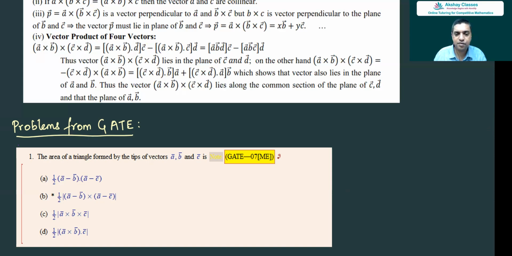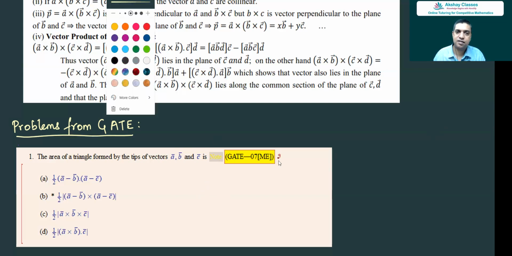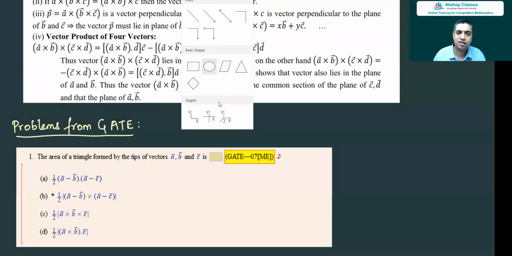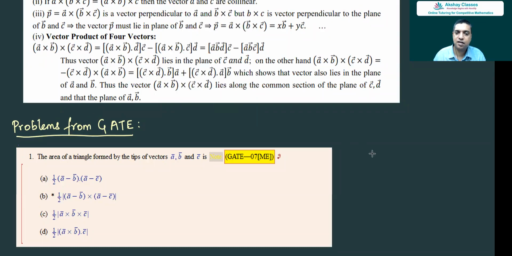What do you mean by the tips of the vectors? What are these vectors, A bar, B bar, C bar? It's three sides. Sides of what? Three vectors that will form a triangle.